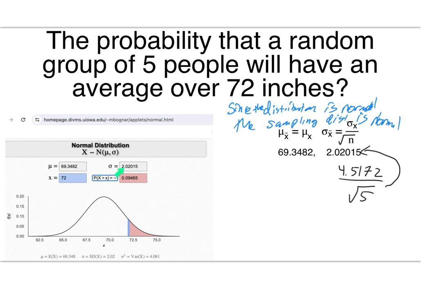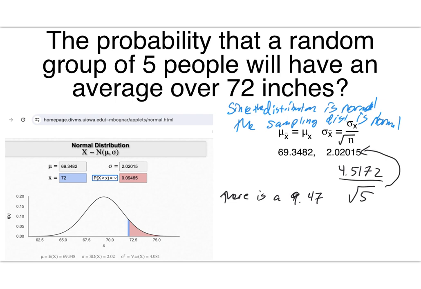There's my new standard deviation that you'd have to change because it's now a sampling distribution. 72 is my boundary point. And there's my value. All right. So that means there is a 9.47 or 46, doesn't really matter. You could round up or round down because it's halfway between.